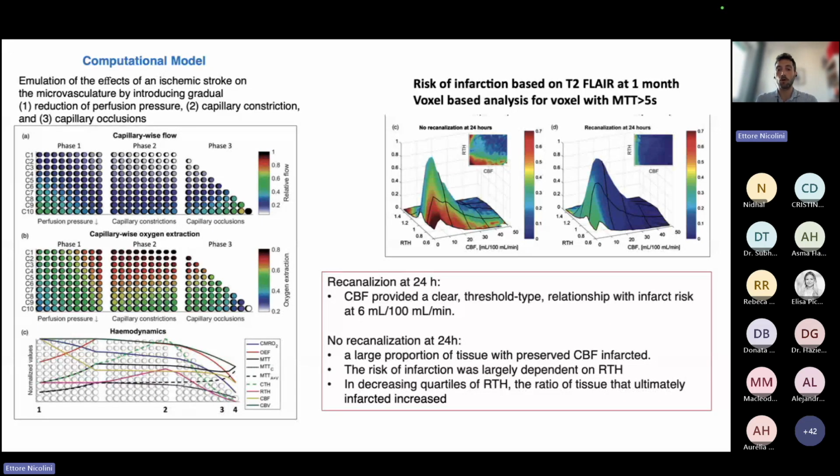Indeed, a large proportion of tissue which had preserved cerebral blood flow on admission finally went to infarct.